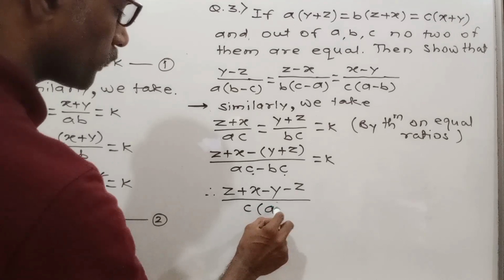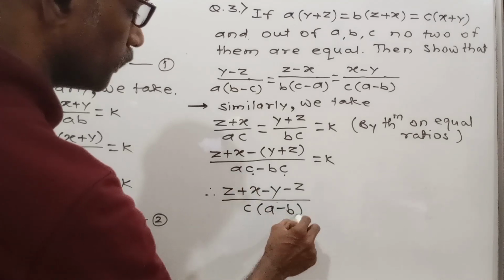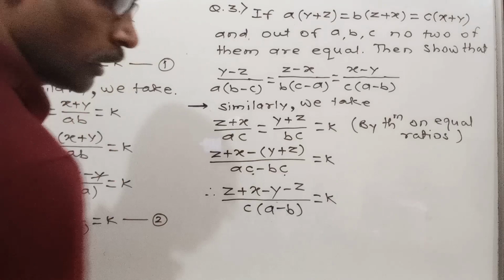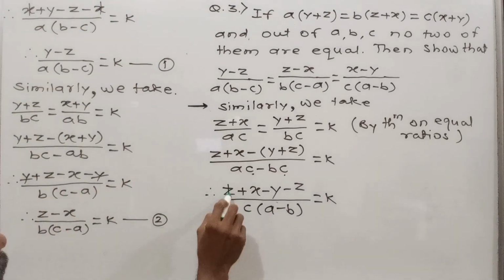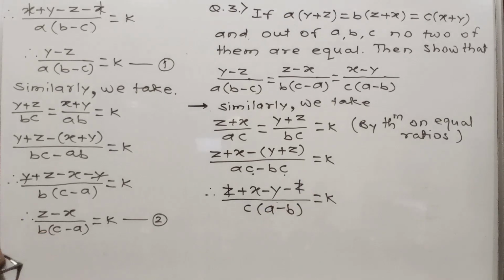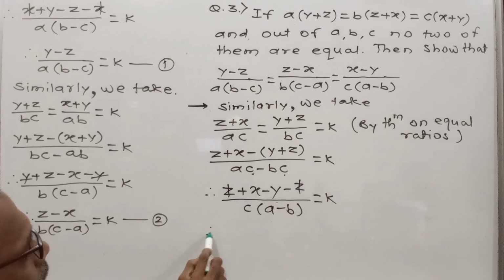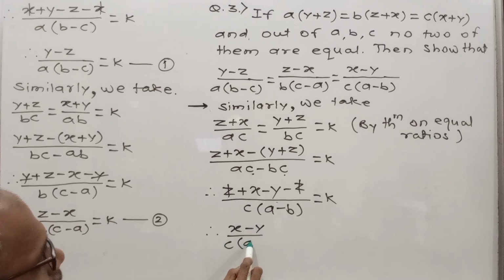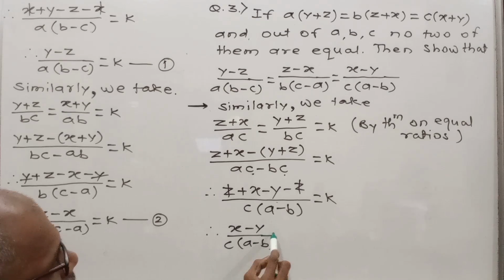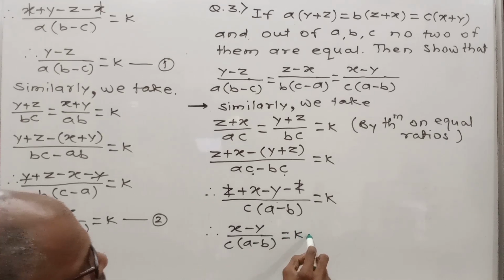So what is left is a − b, equals k. Here z and −z cancel. Therefore (x − y)/c(a − b) = k. Equation number 3.